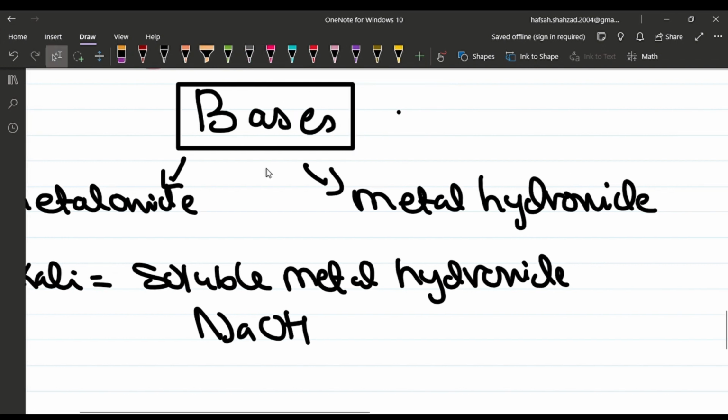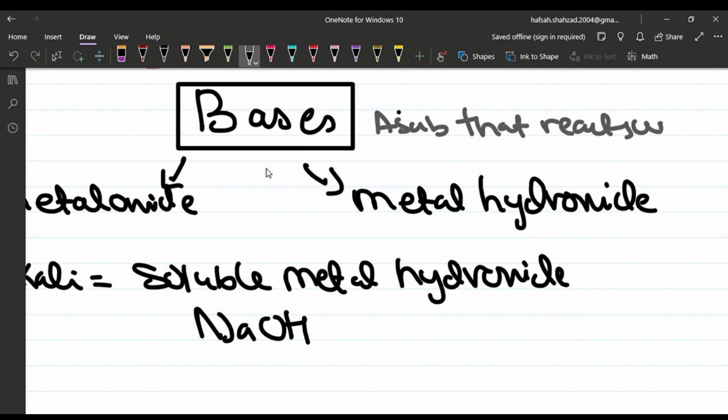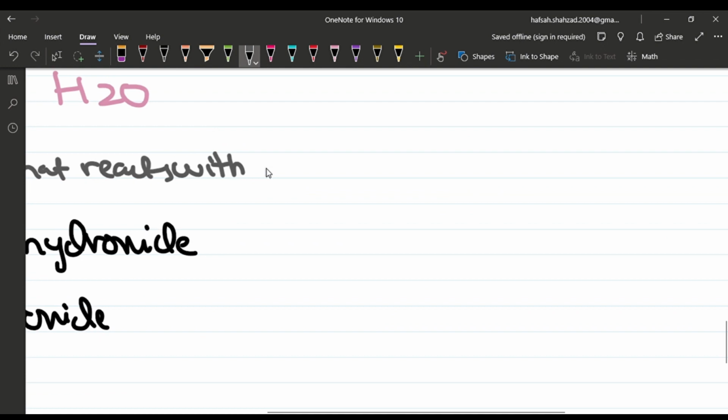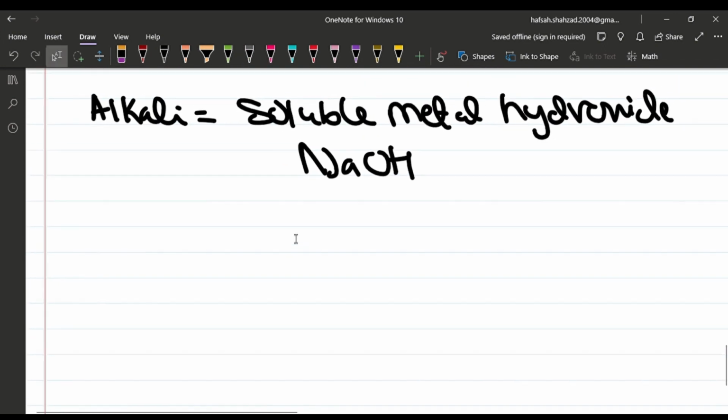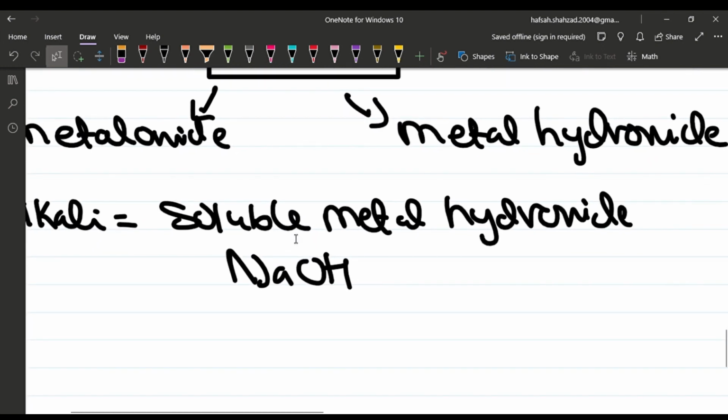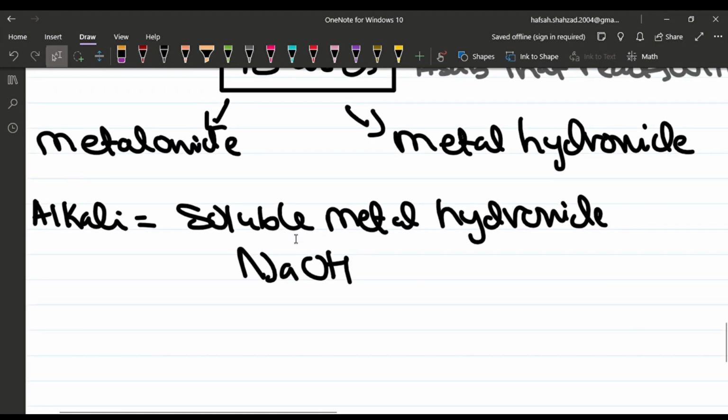And an alkali is a substance which ionizes in water to give OH ions, because obviously it has an OH, just like NaOH has OH, so in aqueous solution it would give out its OH.